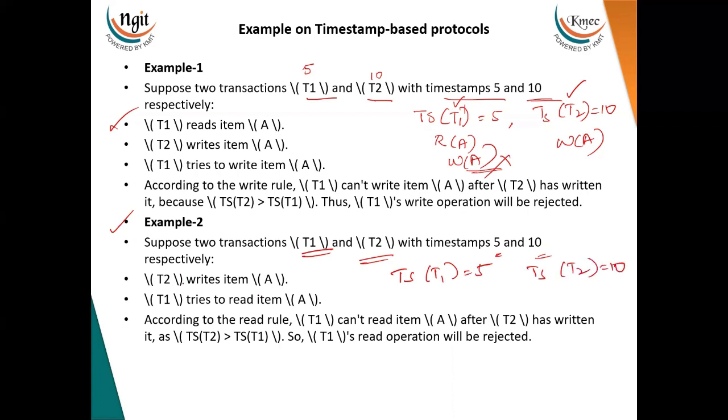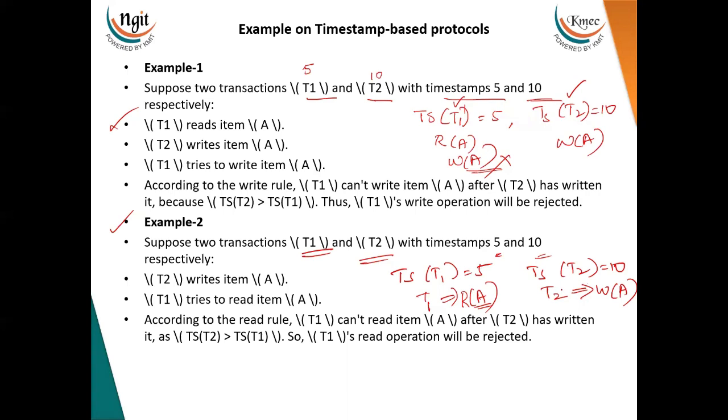Now let us see: T2 writes item A. T2 wants to perform the write operation on the data item A. T1 tries to read the item A. Here, T1 wants to perform the read operation on A. Now, according to the read rule, can T1 perform the read operation on A? It cannot perform. Why? After T2 has written it, T1 cannot perform the read operation on A.